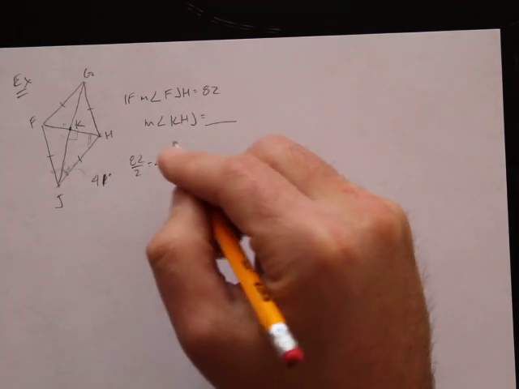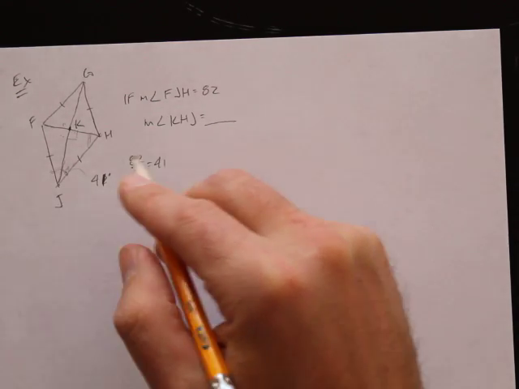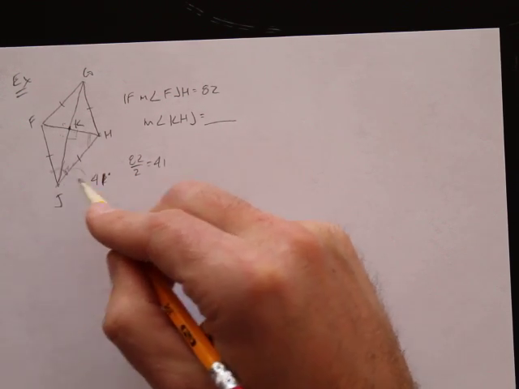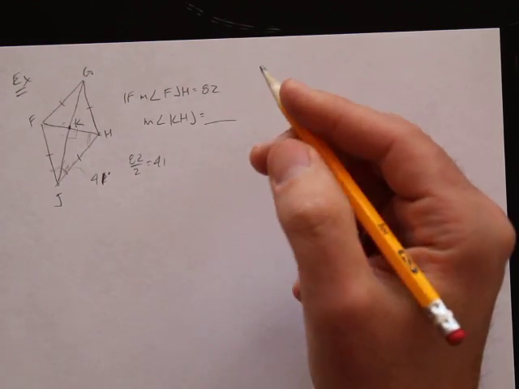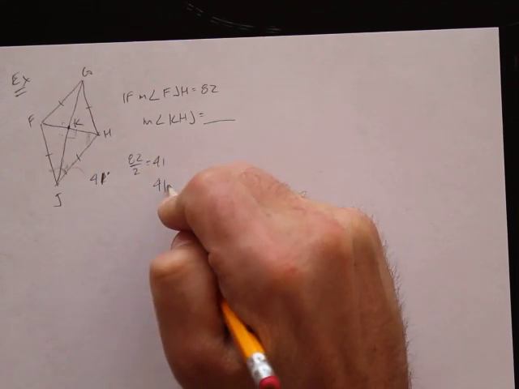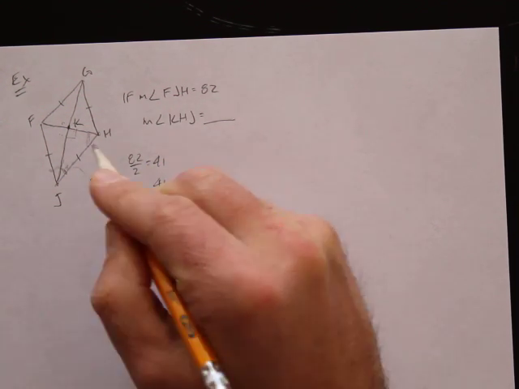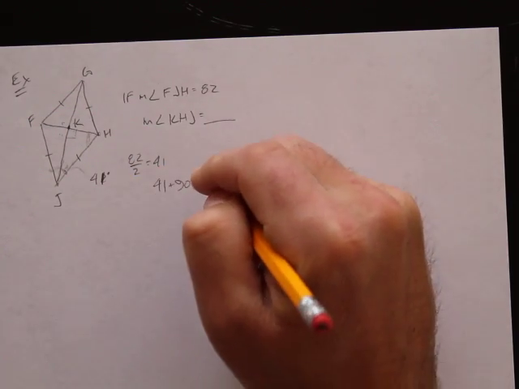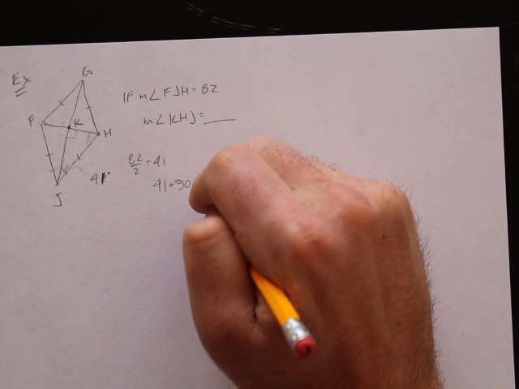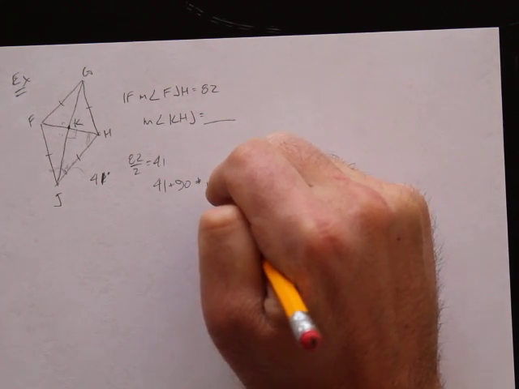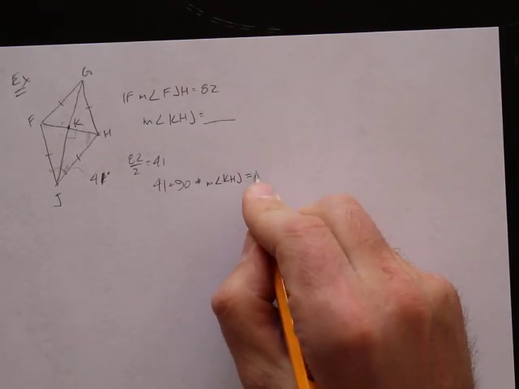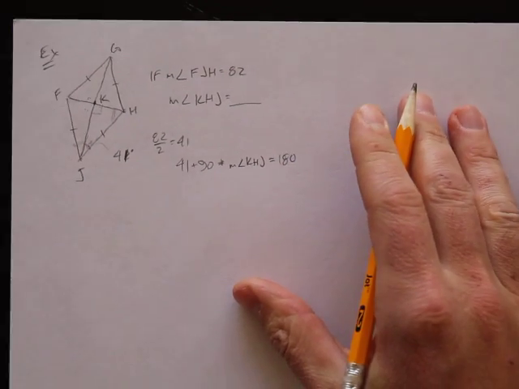So I know the measure of all of these angles put together in a triangle is 180 degrees. So 41 is that one, plus 90, which is that one, plus this one here. Let's call it the measure of angle KHJ. If I add these three angles up, I should get 180 degrees.